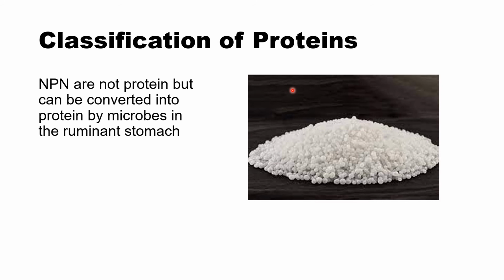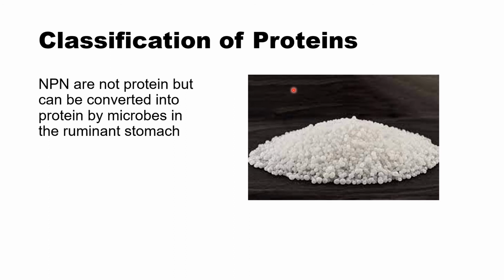So, yun yung ability ng mga microbes natin dun sa rumen ng ruminant. So, pwede nilang i-convert itong NPN into their own protein. Now, bakit ito importante? Bakit importante yung mga microbes? Bakit importante na nako-convert nila itong NPN into protein?